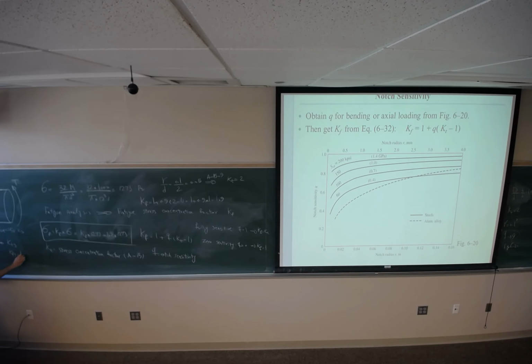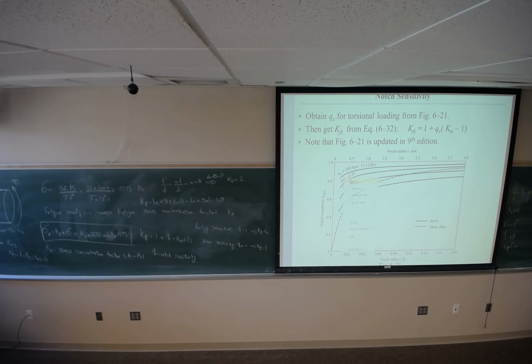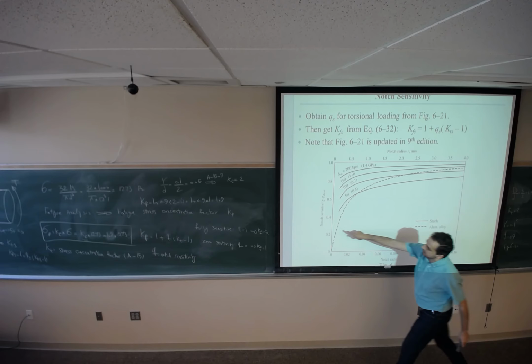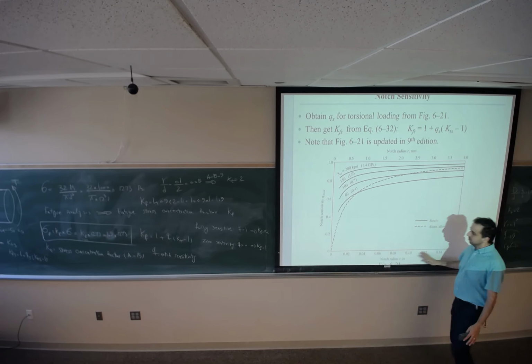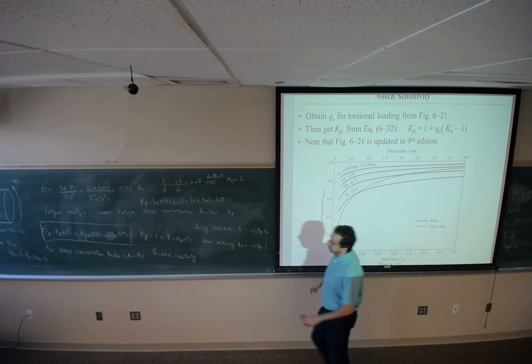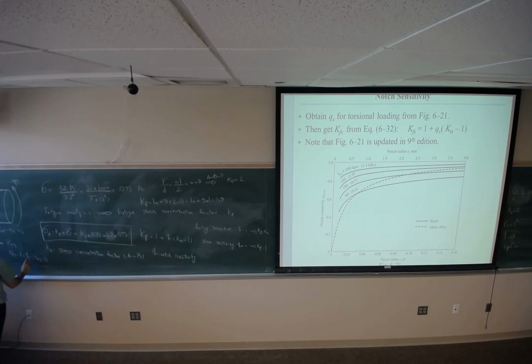KFS is going to be 1 plus QS, the notch sensitivity for shear, times KTS minus 1. So if you are looking for QS, then you should look at this figure, 621. This is notch sensitivity for shear. It's going to be similar to figure 620, but with different numbers. So it's slightly different at Q. So make sure that you are using the correct value for Q.